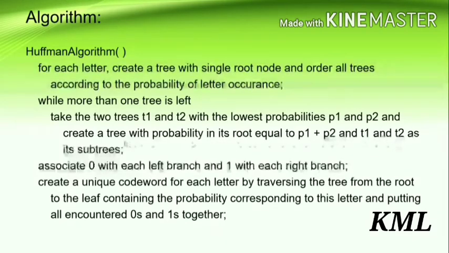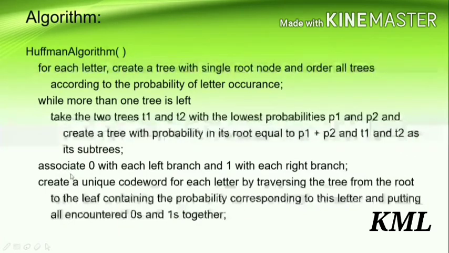We take the two trees T1 and T2 with lowest probabilities P1 and P2 and create a tree with probability in its root equal to P1 plus P2 and T1 and T2 as its subtrees. So you take the two minimum probabilities, add them together, and their sum will be their parent, and those two will be the subtrees. So this is the meaning.